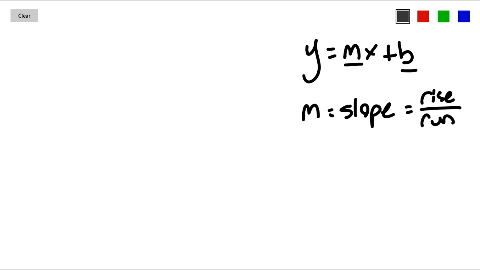So if we hop from one x value to the other one, how much is the line going to rise and how much is it going to fall? That's what the slope tells us. And then this b is just the y-intercept, more of a reference point than anything.